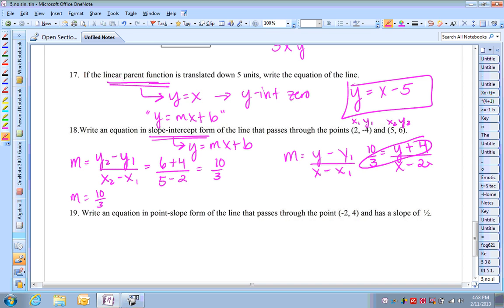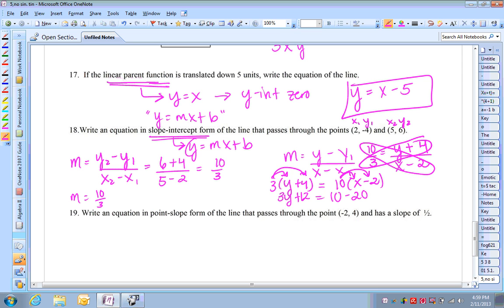We draw our butterfly wings, and then we cross multiply inside of our butterfly wings. So we have 3 times (y plus 4) equals 10 times (x minus 2). And you end up with 3y plus 12 after distributing the 3, and then we distribute the 10 to get 10x minus 20.